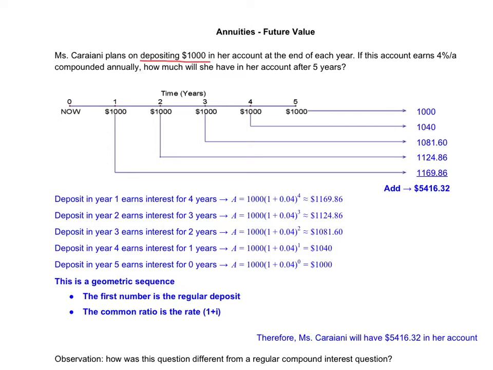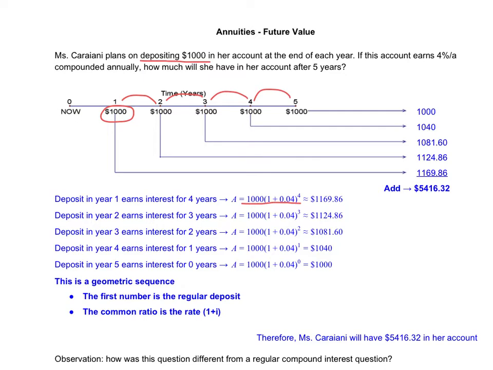So if we just look at this little timeline here, in the first year, I invest $1,000 at the end of the year. This amount of money will earn interest for 4 years, from 1 to 2, 2 to 3, 3 to 4, 4 to 5. So here is the formula, just regular compound interest. That first deposit gets $1,000 times 1 plus 0.04 to the power of 4 because it earns interest for 4 years.